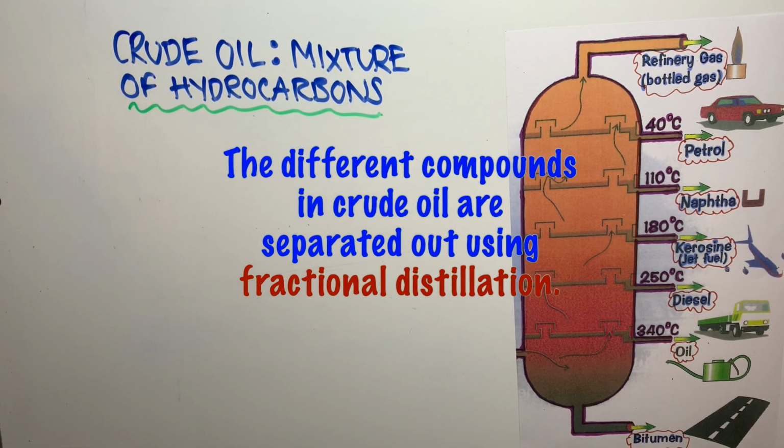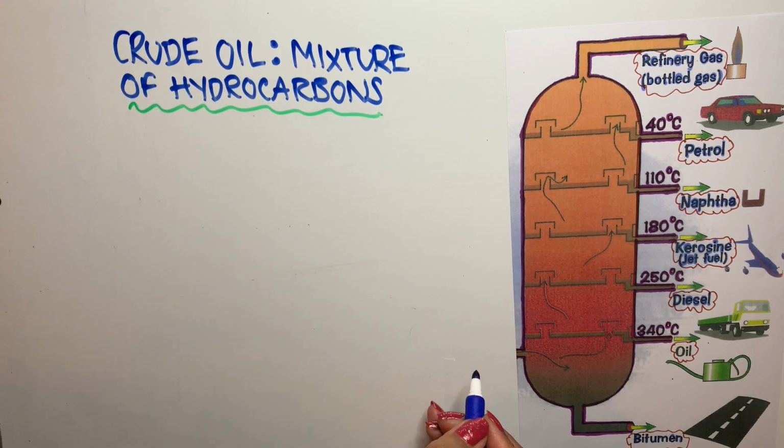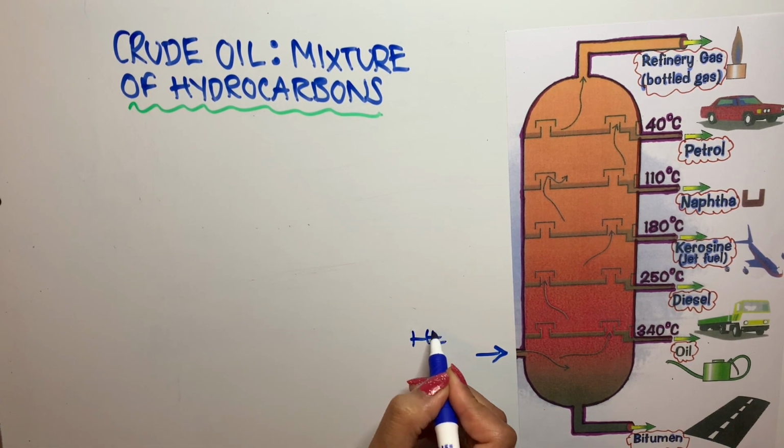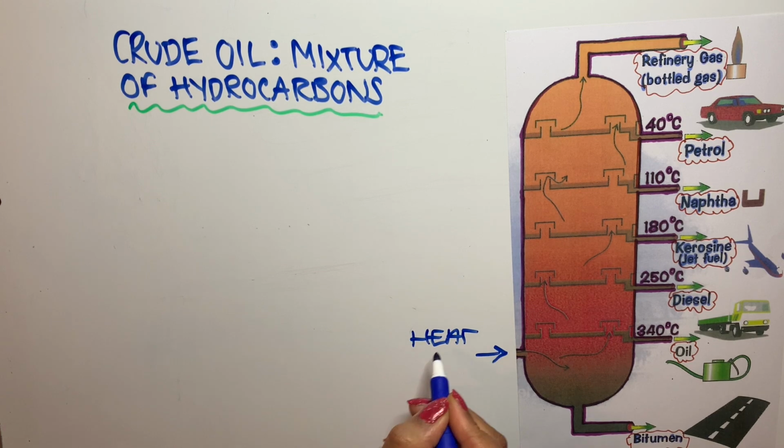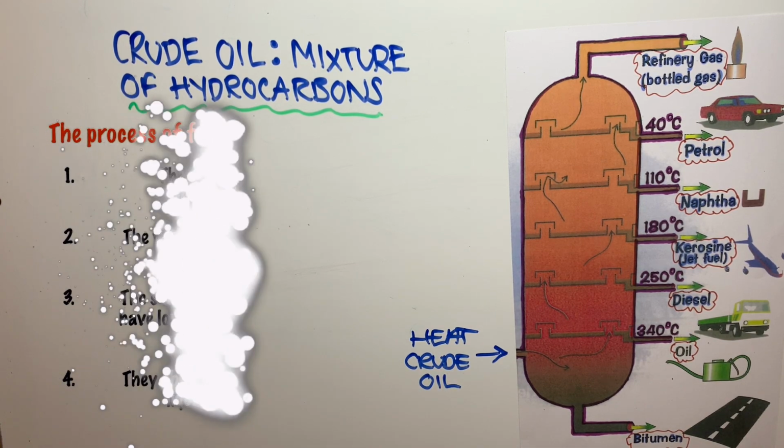So the first part to separating out the fractions is that before we can do anything, we have to heat the crude oil. And the reason why we heat the crude oil is because we need the hydrocarbons to evaporate and become vapour.